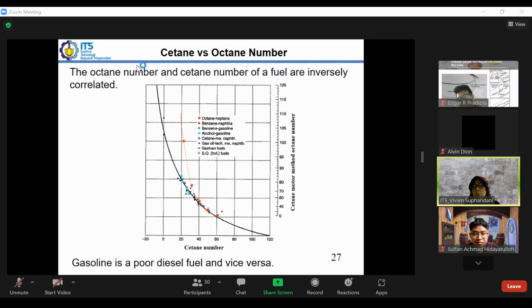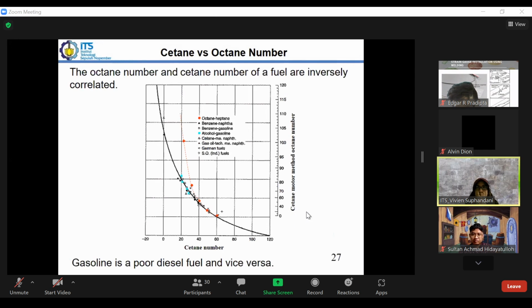What we want here is to have the ignition delay as short as possible, while that cannot be obtained in a high octane number fuel. So this is the characteristic of the diesel fuel particularly.